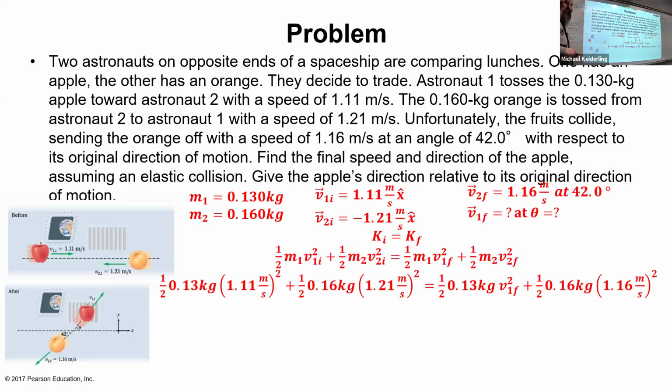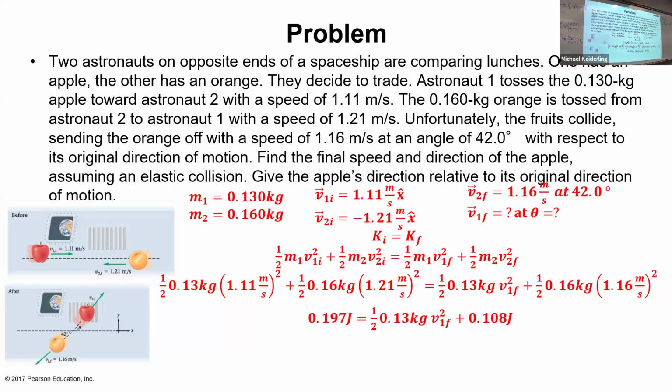So 1/2 times 0.13 times 1.1 meters per second squared plus 1/2 times 0.16 times 1.21 meters per second squared equals 1/2 times 0.13 kilograms times V1 final squared plus 1/2 times 0.16 kilograms times 1.16 meters per second squared.